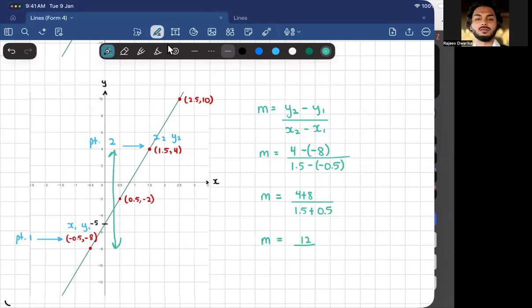What's 1.5 plus 0.5? You don't need a calculator for that. 2. Yeah, 2. What's 12 over 2? 6. And that's the same answer we get when we use the other 2 points.